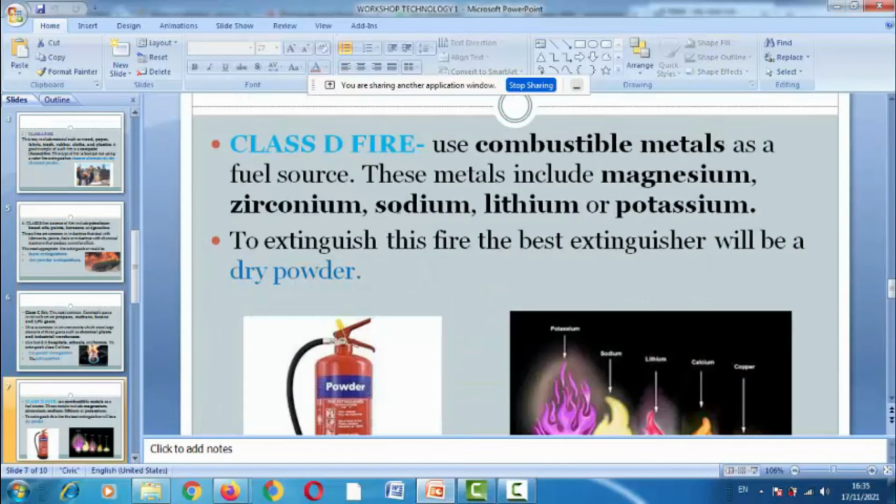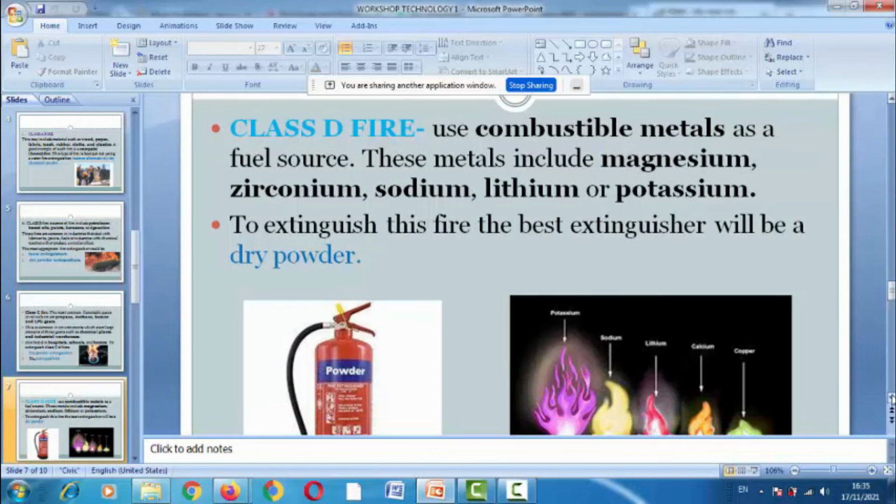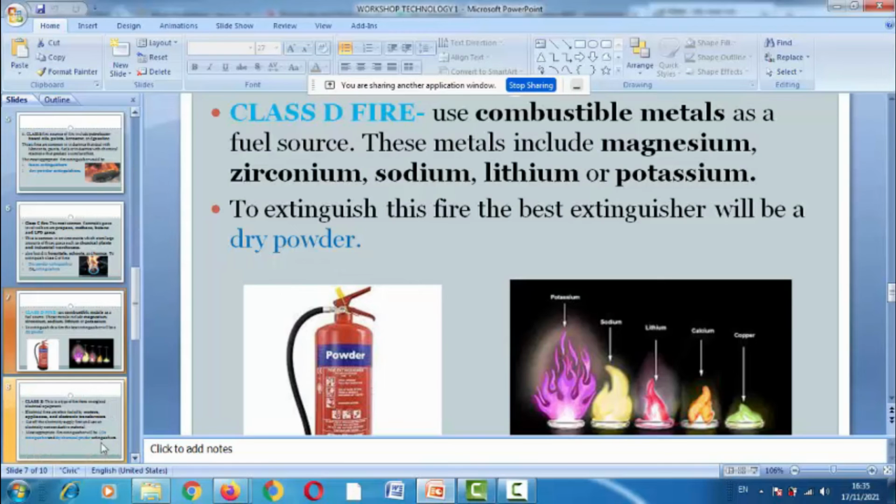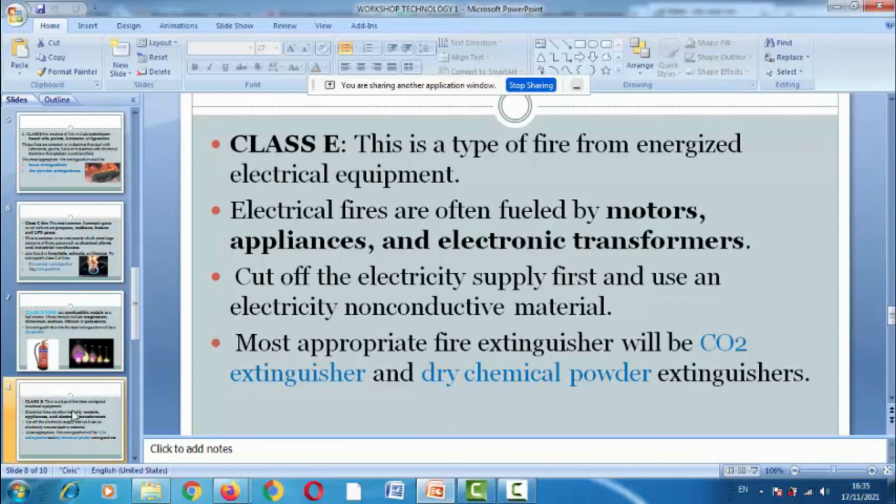Then we have class D fire. This is from metals, and not all metals, but metals which are very reactive: potassium, magnesium, lithium. Any fire coming from that can only be put off by dry powder. Then we have class E, the last class of fire.